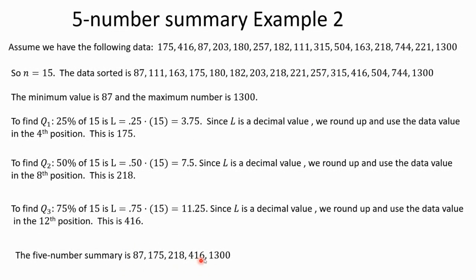That was one example. Here's another one. So again, this is all the data here. We have to sort this though. To sort it, I typed all this into one column in Google Sheets.